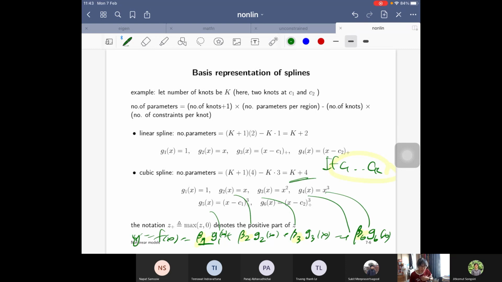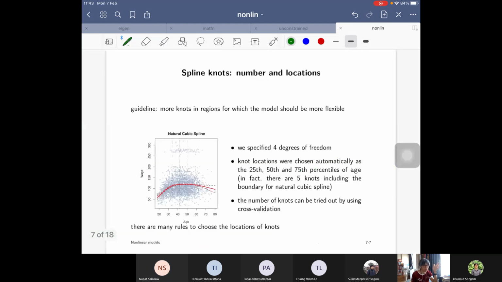So by doing that, does it increase the flexibility of the model or decrease it? More knots, right? The flexibility increases. So the general guideline is that the more knots you add, the more flexible a model you get. Where you should place the knots depends on the behavior of the data.